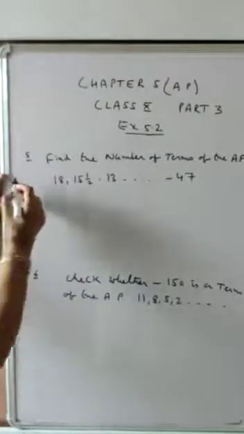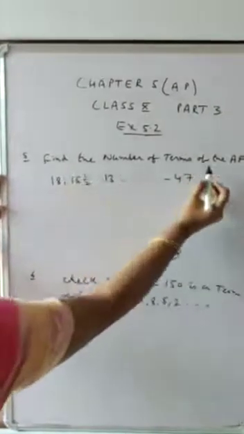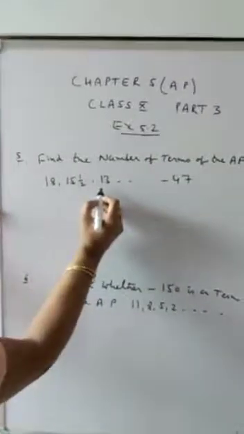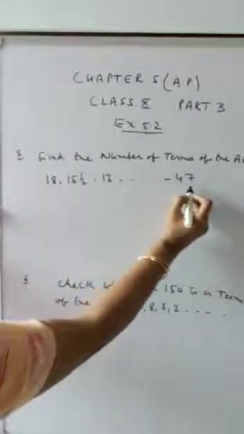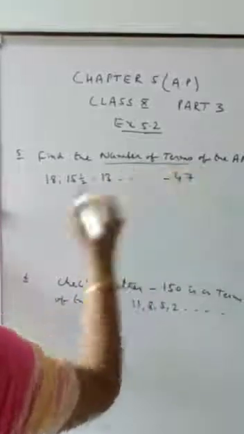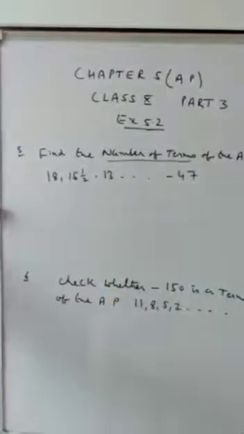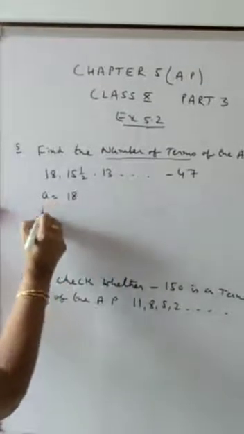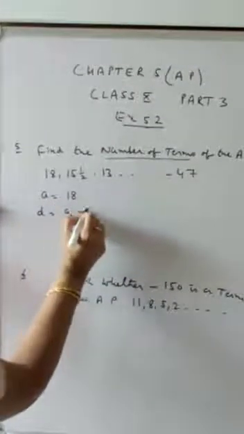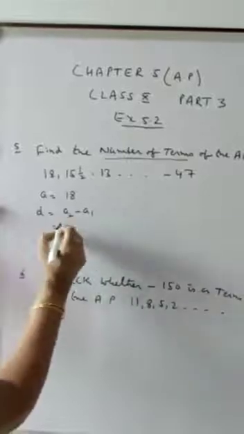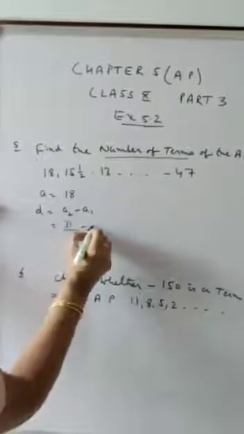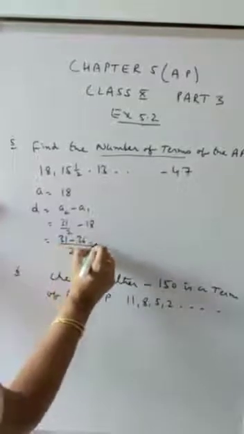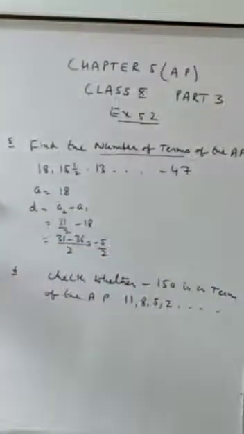Question number 5: find the number of terms of the AP 18, 15 and a half, 13, and so on, up to minus 47. What do we need to find in this question? Number of terms means n. What is a here? 18. d is a2 minus a1, that is 31 by 2 minus 18, so it will be minus 5 by 2.